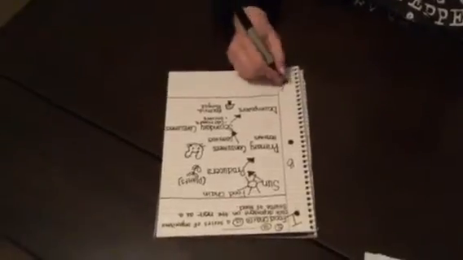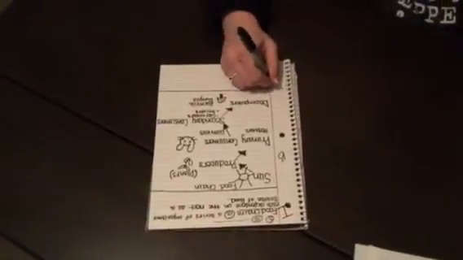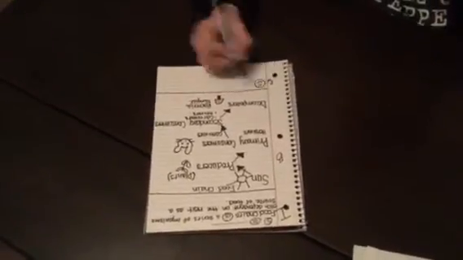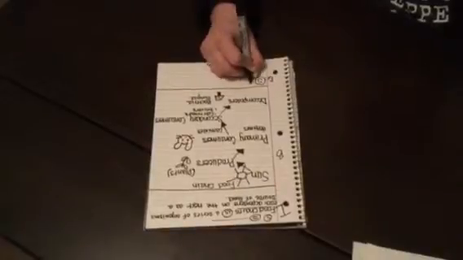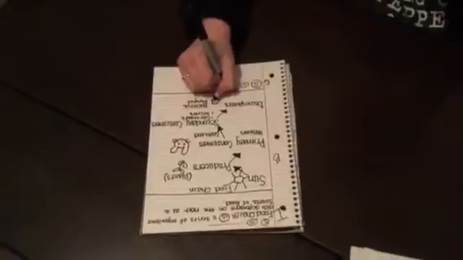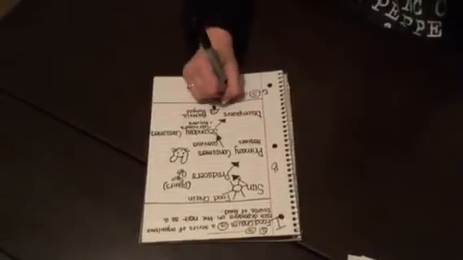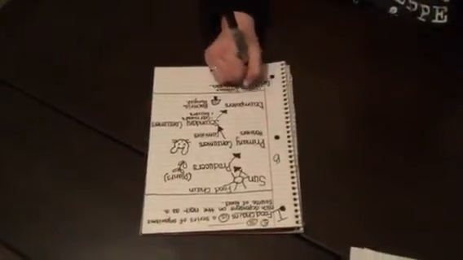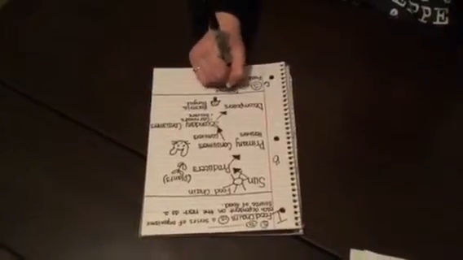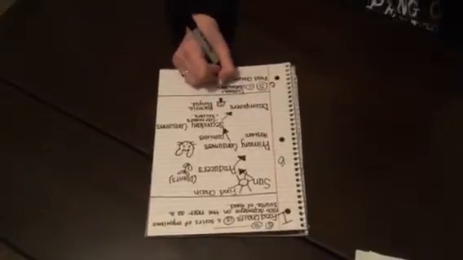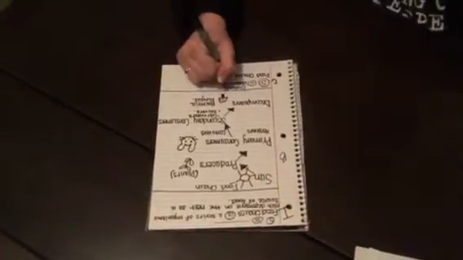Okay, so now your conclusion is going to be, again, your subject, what you've been talking about, how you're going to transition, and a different definition. So food chains, we'll use is again.